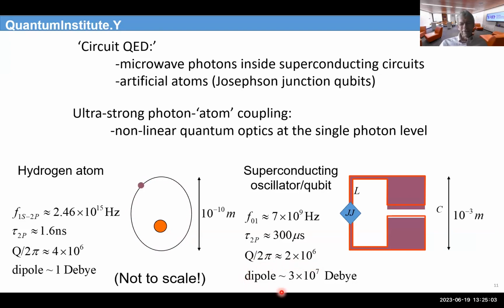But unlike hydrogen, the transition dipole is 30 million times bigger. And this is where we have huge advantages. The antenna built into the atom lets it talk very, very strongly to microwave photons. And so we can do nonlinear quantum optics at the single photon level.